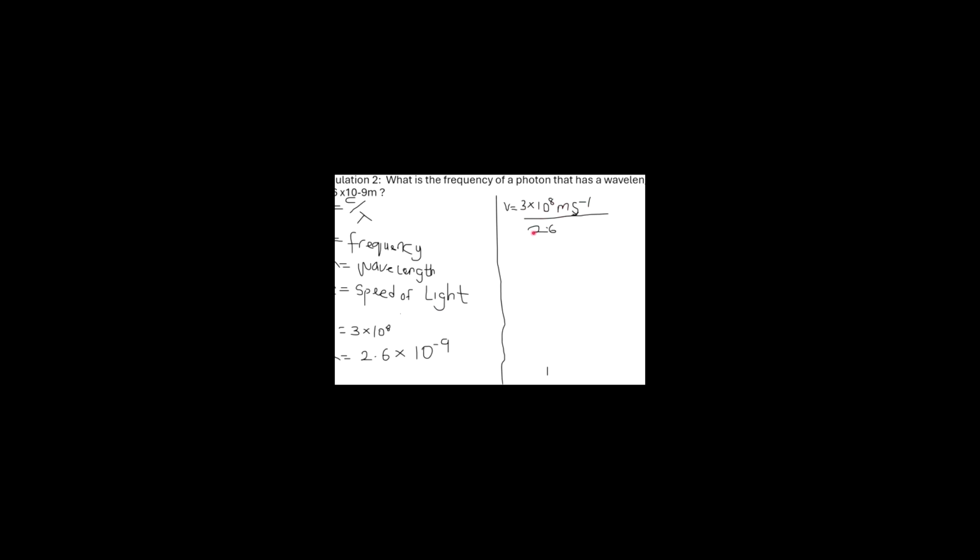So using this calculation, we substitute: 3 times 10 raised to power 8 meter per second over 2.6 times 10 raised to power minus 9, that is given from the question, in meter.